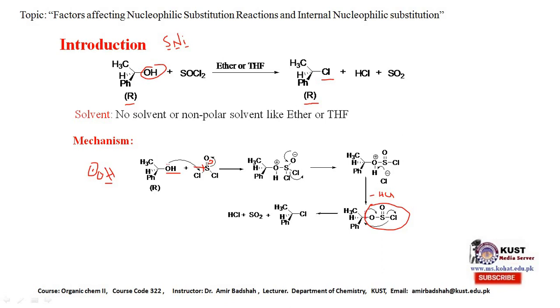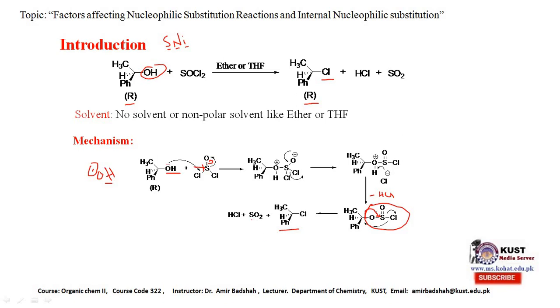So this bond is shifted here and converted into a double bond, and after that, the chlorine will leave. After leaving, the chlorine will attack at this position, so we will get the substituted product where chlorine has attached at the same position, from the same side where OH has left.